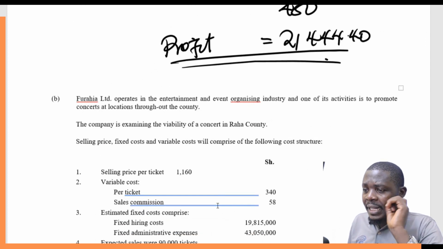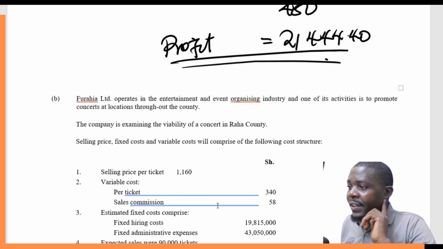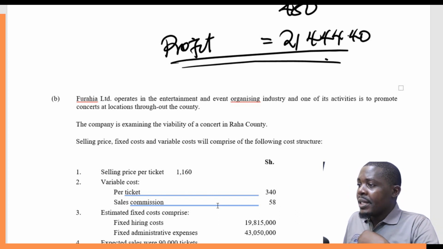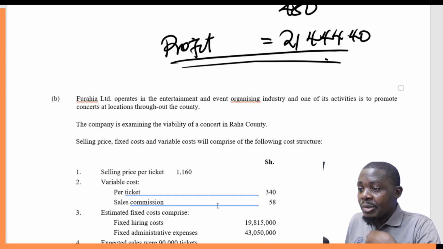Then part B, last, we are told that Furahia Limited operates in the entertainment and events organizing industry, and one of its activities is to promote a concert location throughout the country. The company is examining the viability of a concert in Raha County.